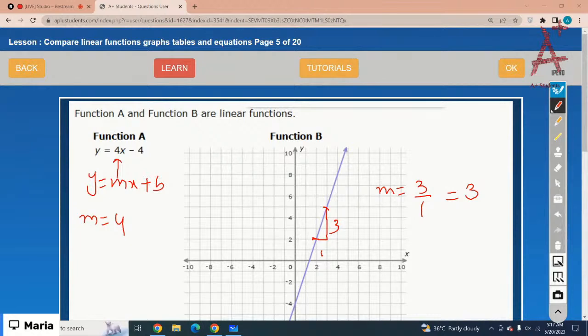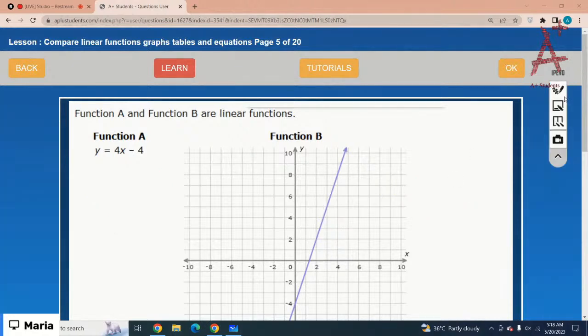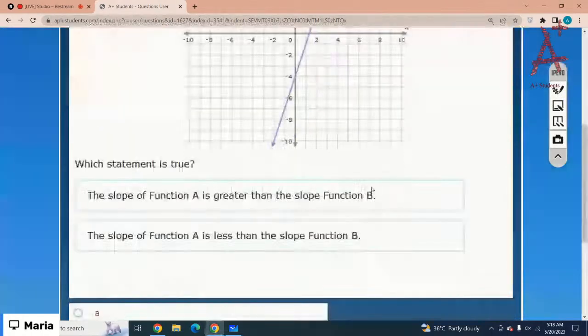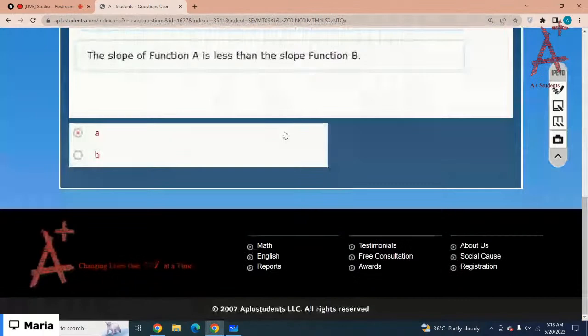That means slope of function A is greater than slope of function B. Got it? The correct option is slope of function A is greater than slope of function B. Option number A is the correct option.